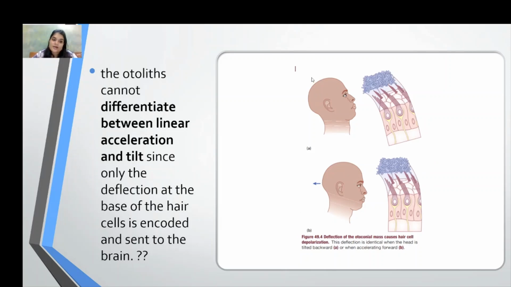But the otoconia in the utricle and saccule will only show that there is a tilt of the hair cell towards one side. How will the brain identify whether it is a tilt or a linear acceleration forward?